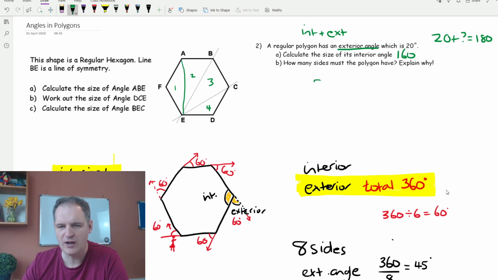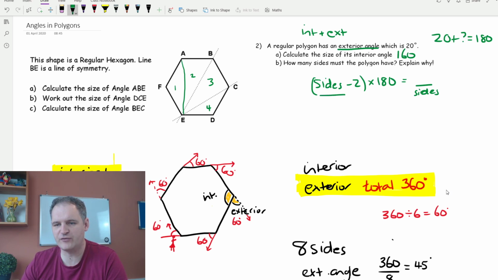So we know that sides take away 2 times 180, and divide that by the number of sides, is equal to 160.